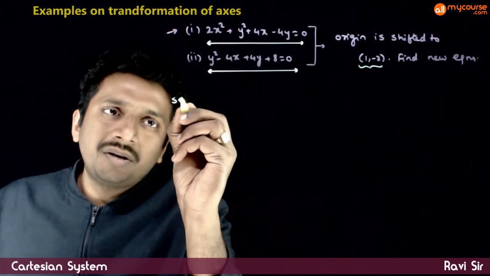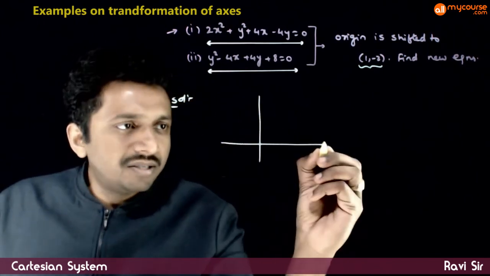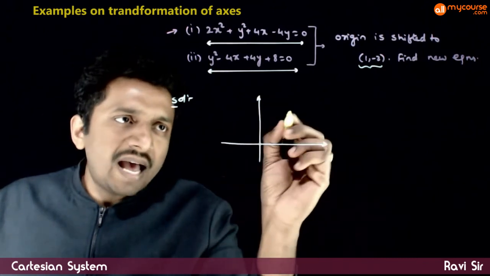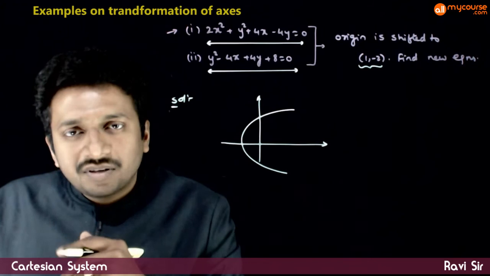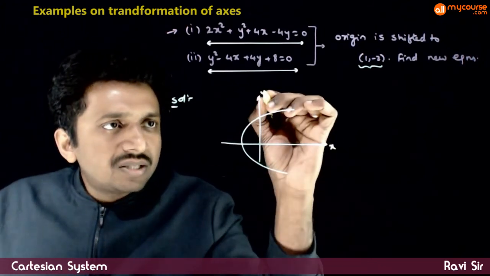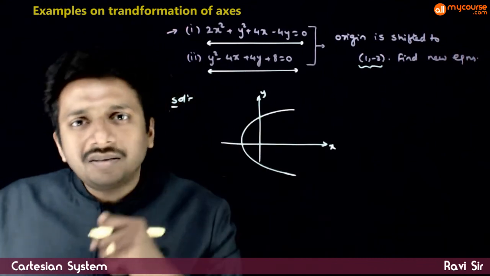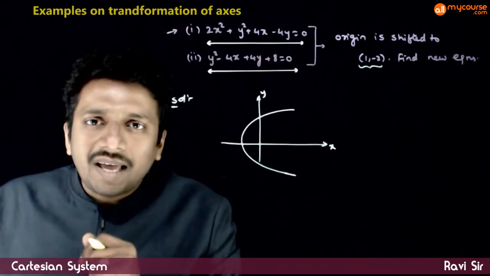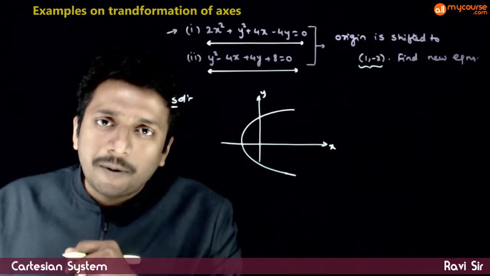So this is a very important concept. Suppose you have a coordinate system and you have some sort of curve in this coordinate system. With respect to these coordinates, the equation of the curve might be something like 2x square plus y square plus 4x minus 4y is equal to 0.